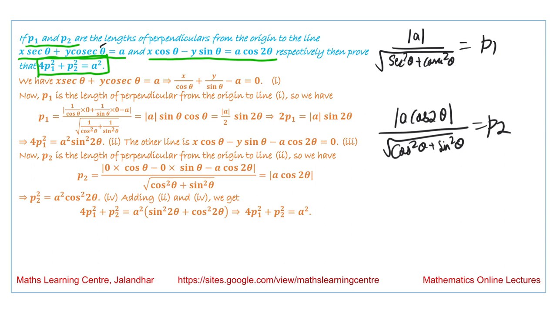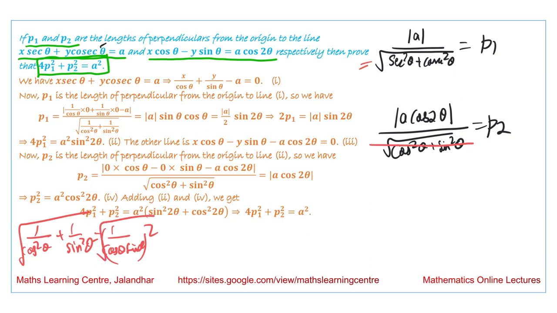Now if we look at this value, this term will become equal to 1. If we solve the other value, it is 1 over cos square theta plus 1 over sine square theta, so that is equal to 1 by (cos theta sine theta) square, under root on this term. So this value will become mod of A into cos theta sine theta, that is equal to P1.